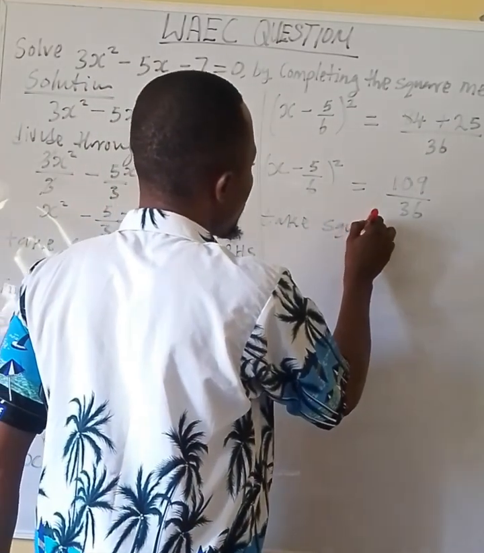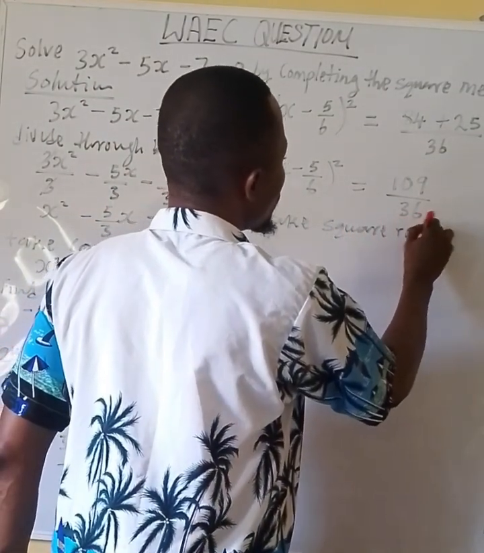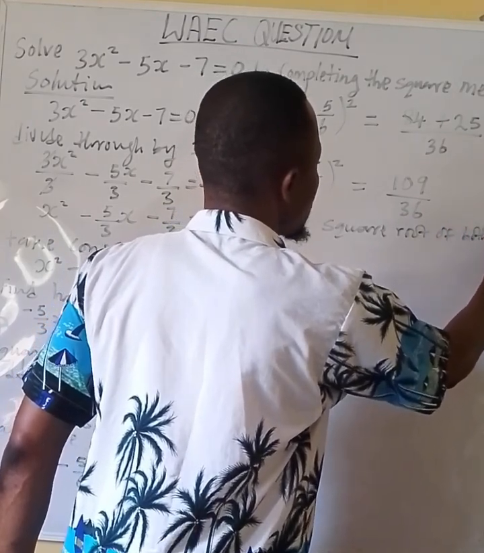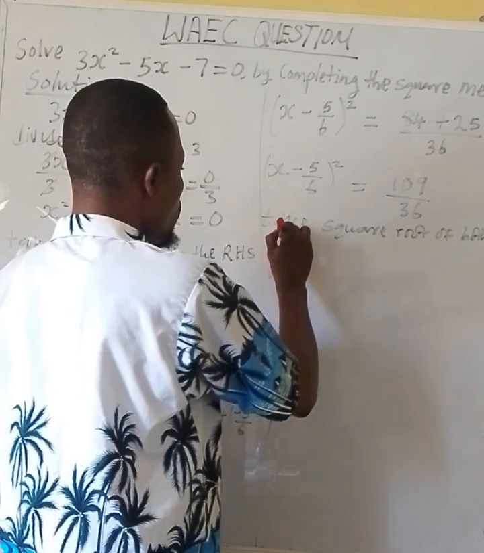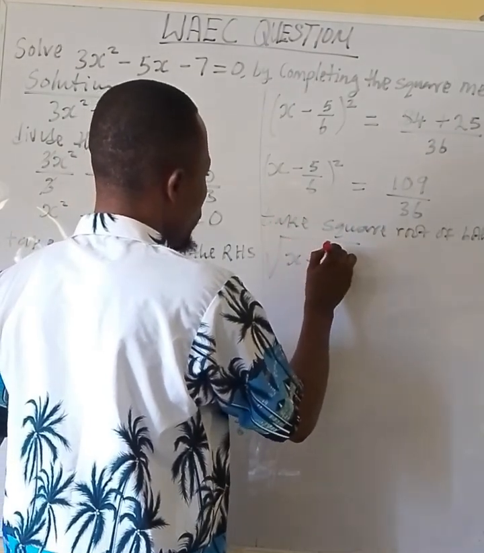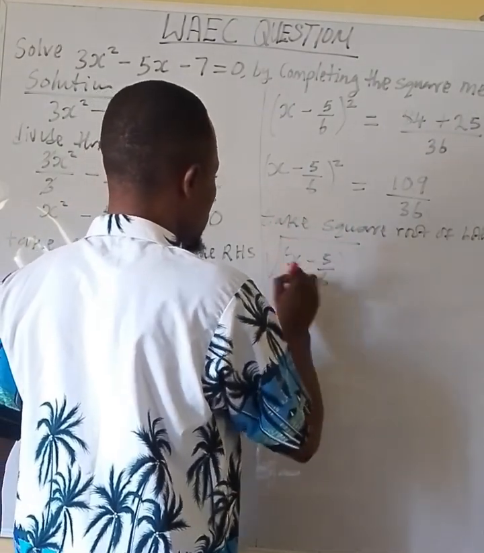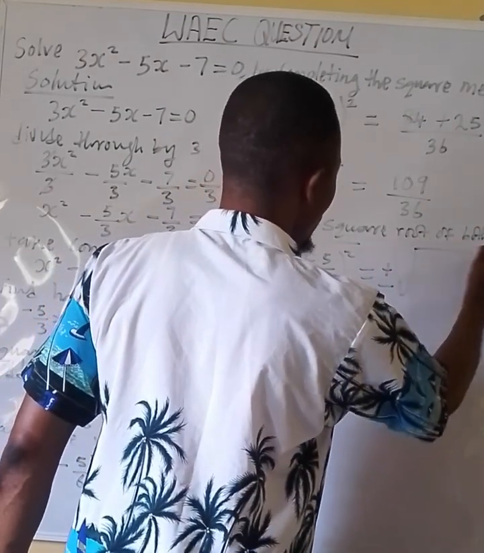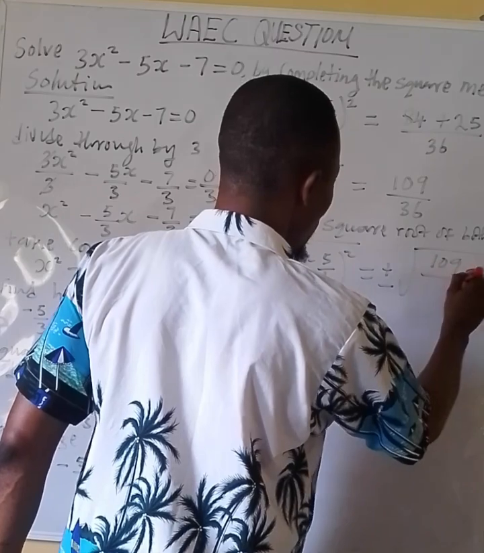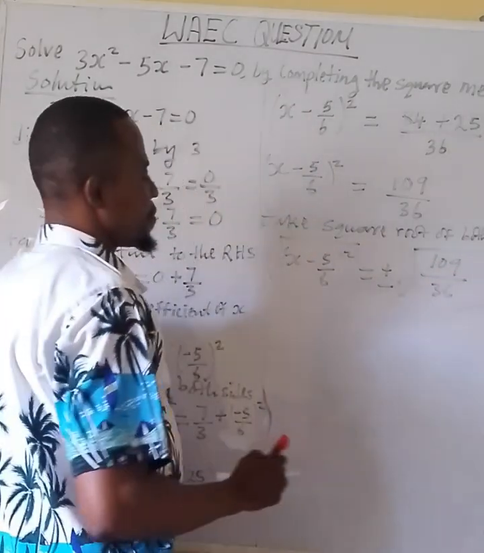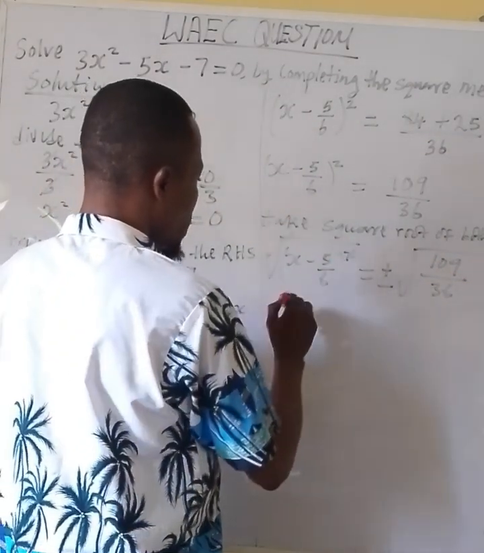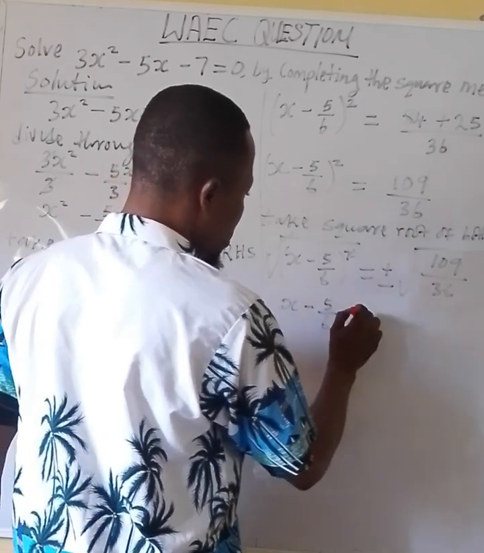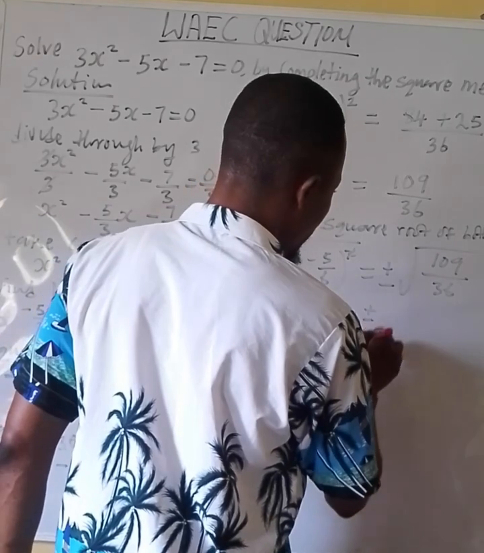Square root of both sides. So it will now give us square root of x minus 5 over 6 square equals to plus or minus square root of 109 over 36. So square root we cancel square. We are left with x minus 5 over 6 equals to plus or minus.